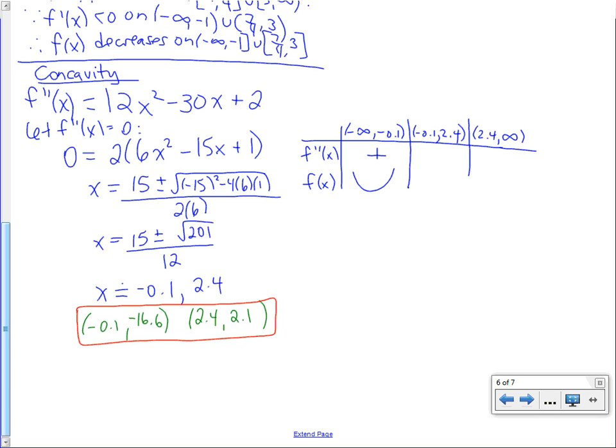But do you? She's happy, it's positive. Okay, what happens for bigger than 2.4? Maybe like 33. Sure, 33.